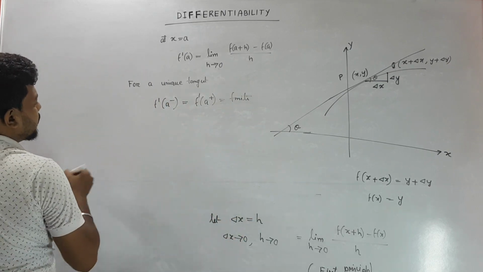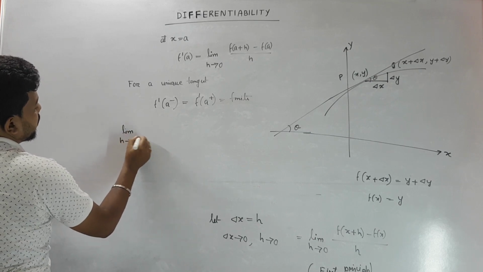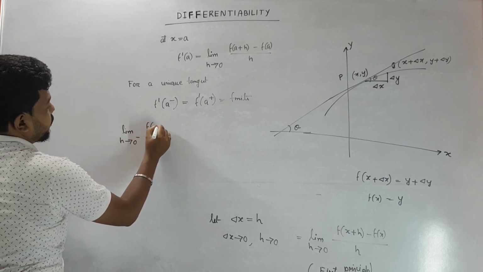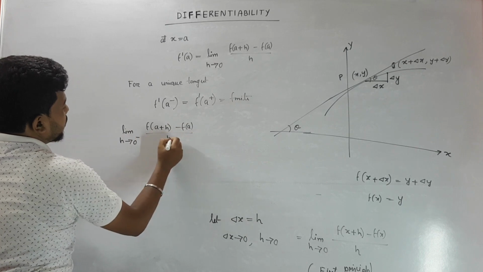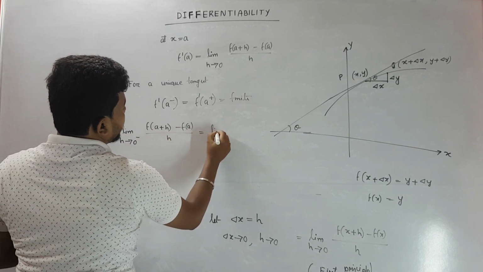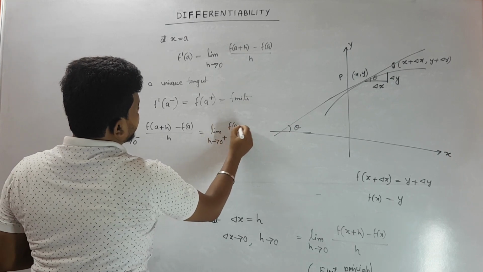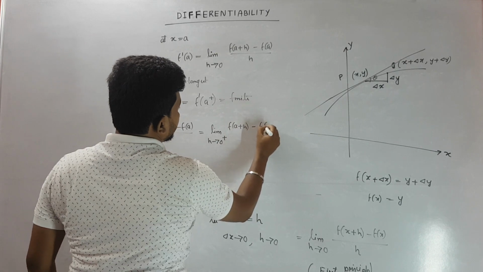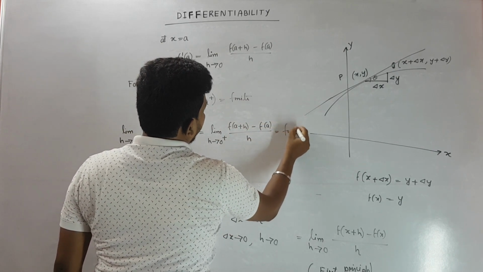Hence, you can write limit h tends to 0 minus of f of a plus h minus f of a by h is equal to limit h tends to 0 plus of f of a plus h minus f of a by h is equal to a finite quantity.